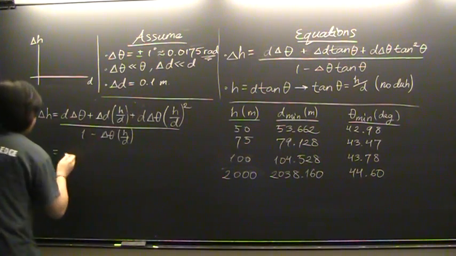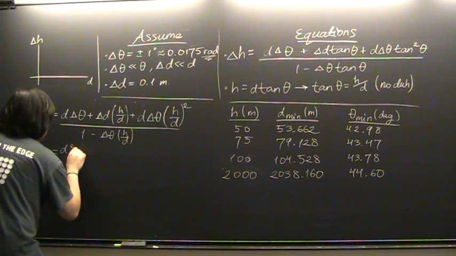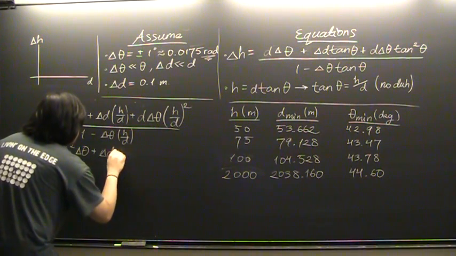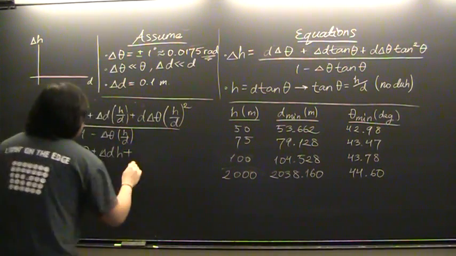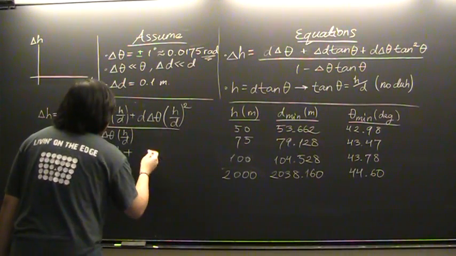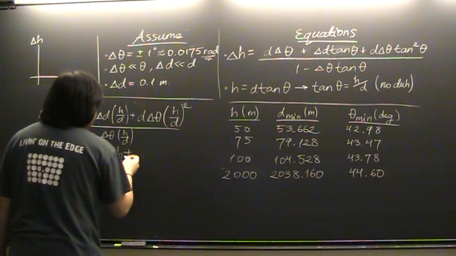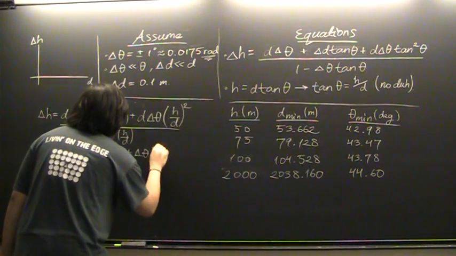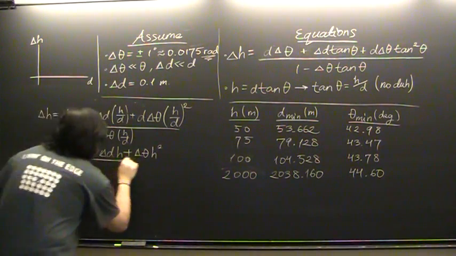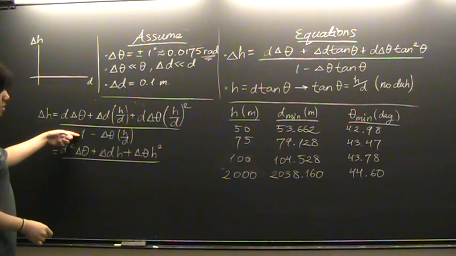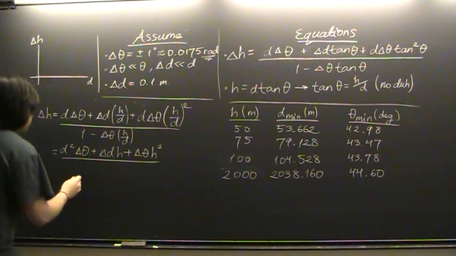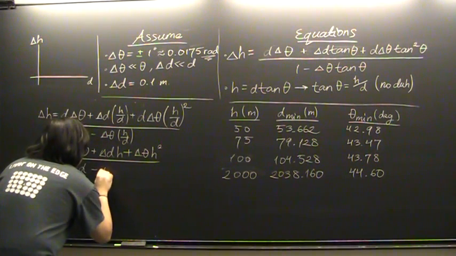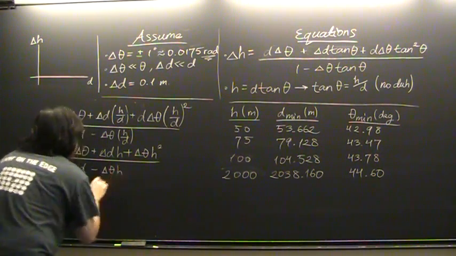So multiplying the top by d, we get d squared delta theta plus delta d times h plus, these d's will cancel out, so you'll be just left with delta theta times h squared. This entire thing is going to be over this denominator multiplied by d. So this will become d minus delta theta times h. Cool.